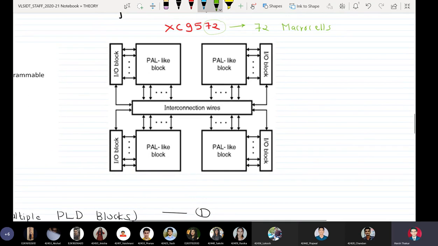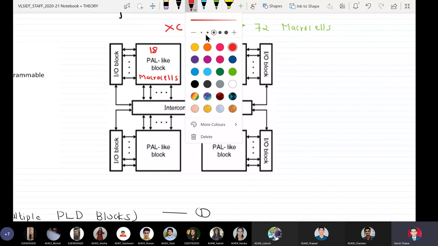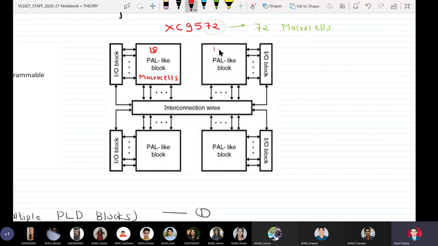So you know 18 times 4 is 72. So this will contain 18 macro cells, this will contain 18 macro cells, this will contain 18 macro cells. Okay, fine.